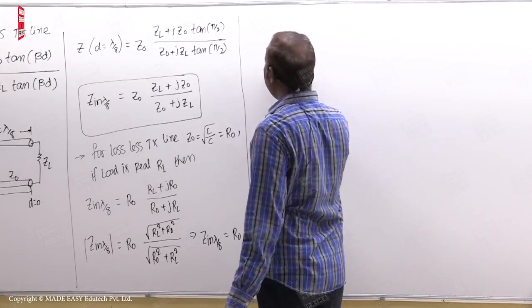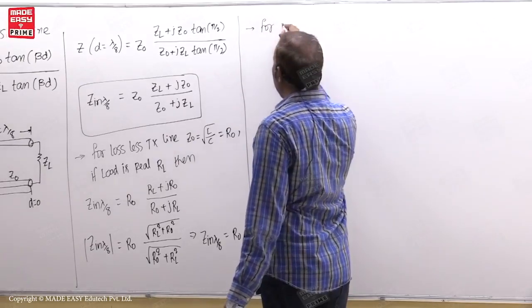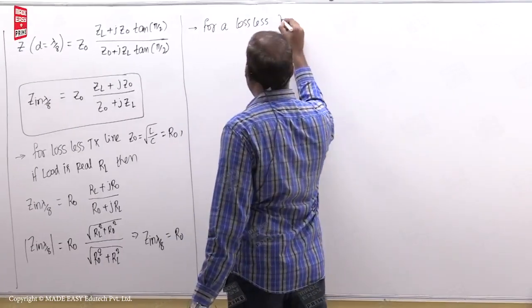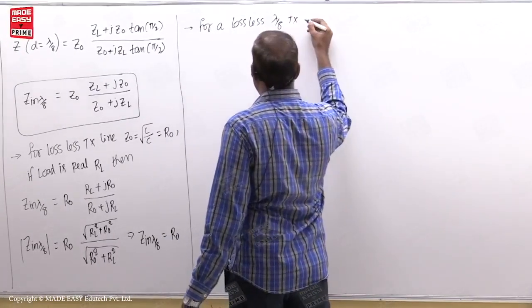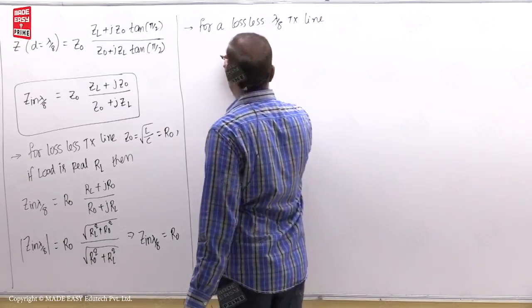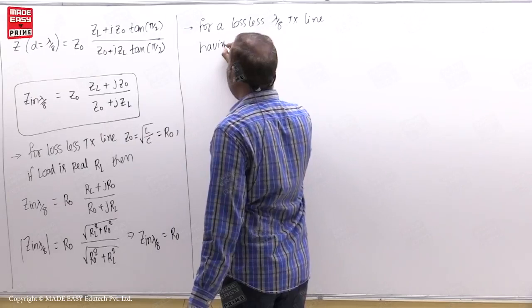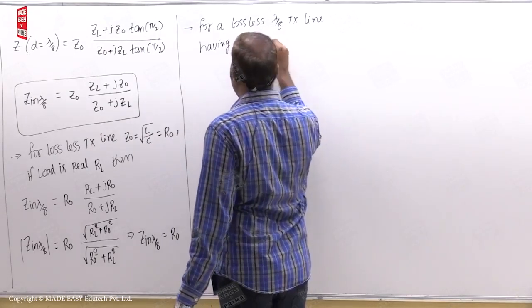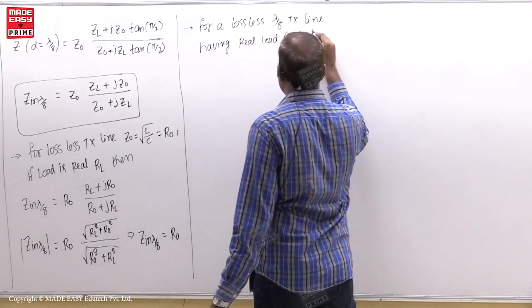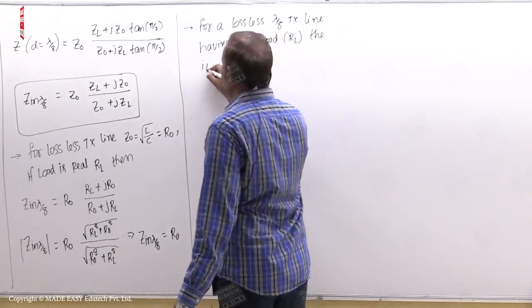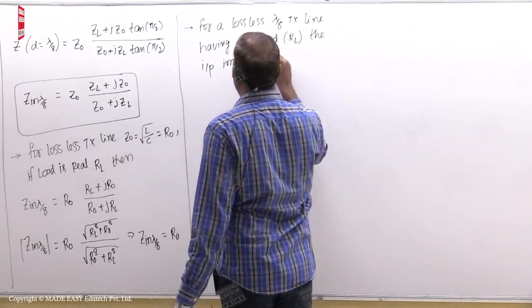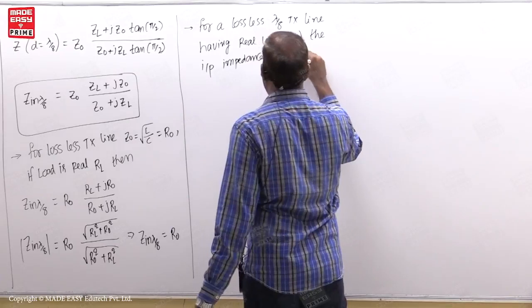I will write the statement here. For a lossless lambda by 8 transmission line having a real load, the input impedance is complex.